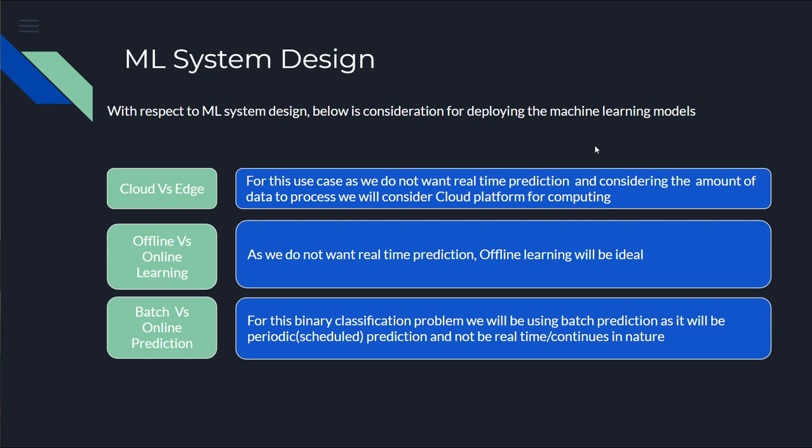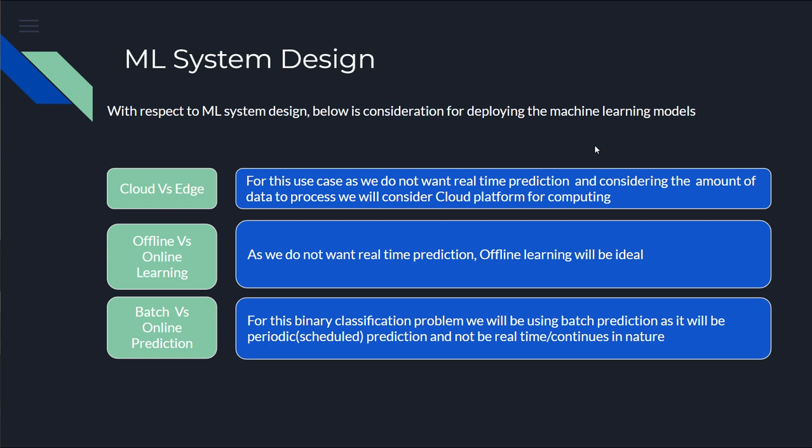So, with respect to the ML system design, we will be considering the below aspects. This is not a real-time prediction which we are doing, so we will prefer a cloud infrastructure or platform where we will be developing, training, and testing the model. Cloud platform is the best suited for this particular case.